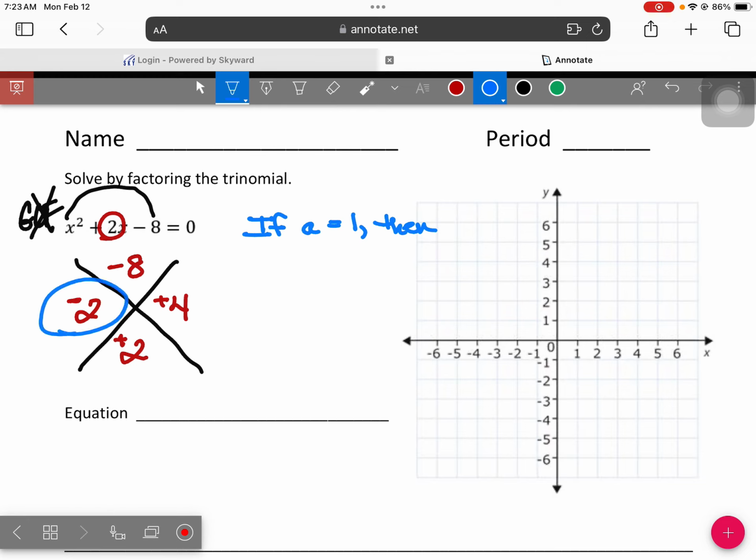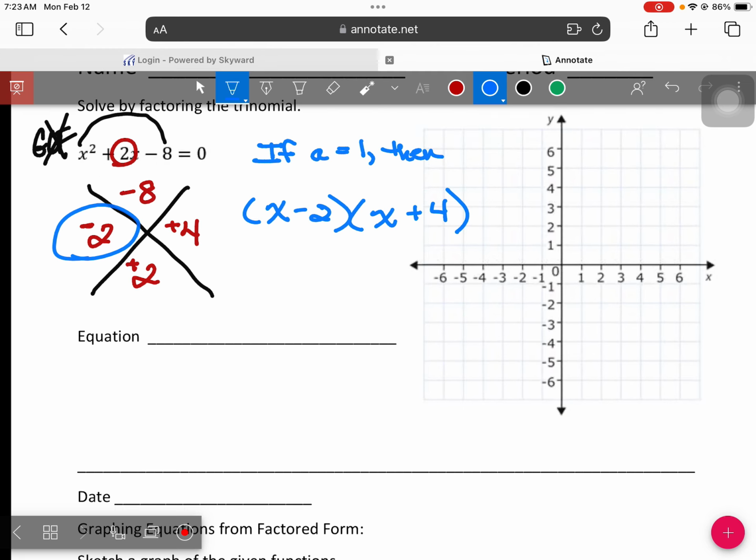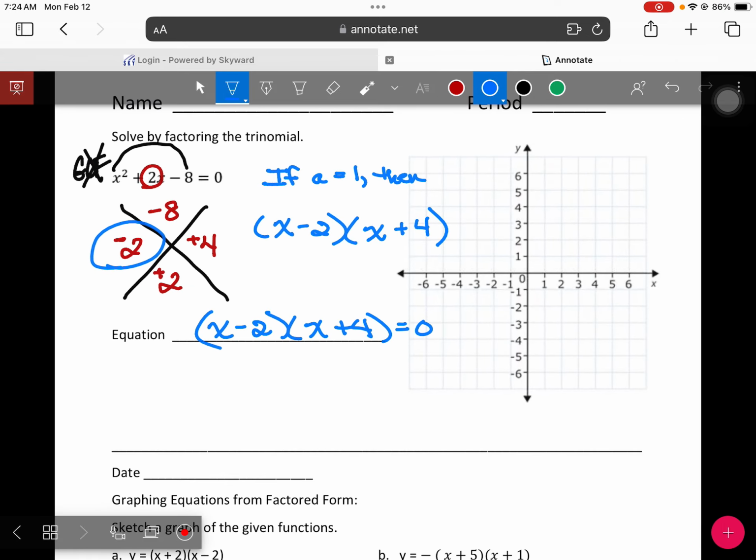And look at these and say my factoring is going to be x minus 2 and x plus 4. So then I say down here, x minus 2 times x plus 4 equals 0. All right? Questions about that? That was a shortcut that I debated upon telling you or not.